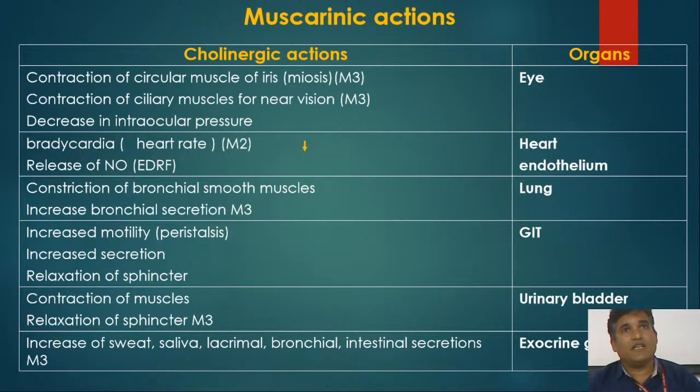It opens the potassium channel and prevents the opening of the calcium channel. You can say acetylcholine not only decreases the heart rate, the force of contraction and the rate of impulse generation also decrease. Negative inotropic, dromotropic and negative chronotropic effects are produced, similar to the effect of acetylcholine. It also increases the release of nitric oxide from the endothelium.